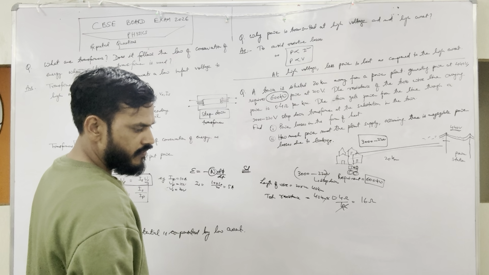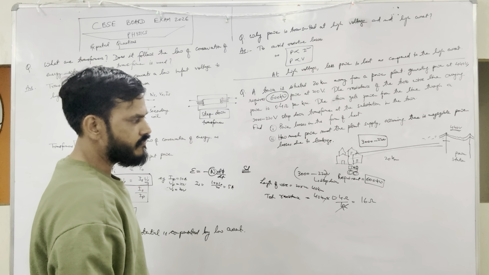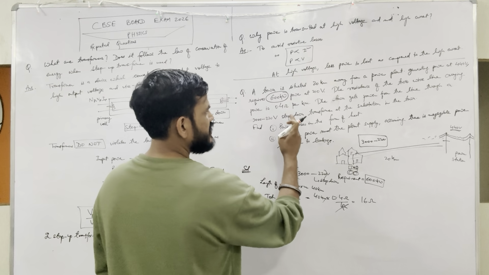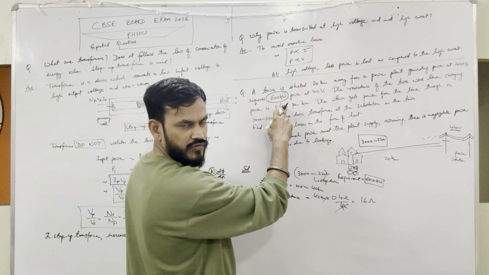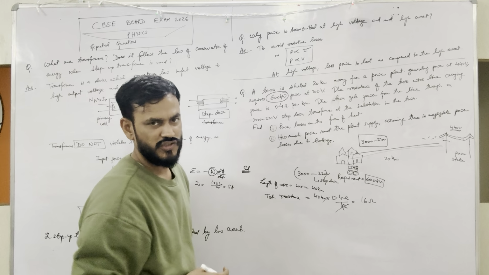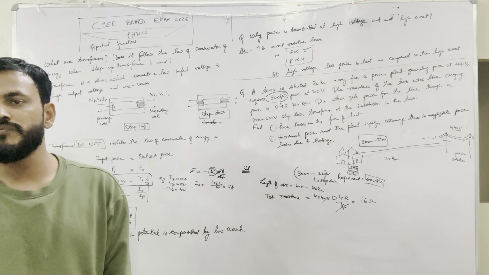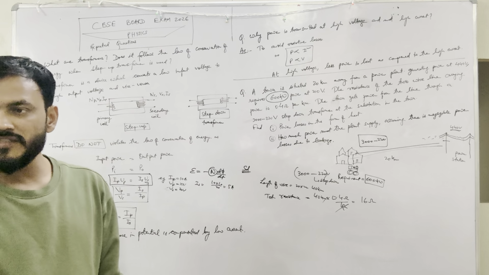The resistance of the wire is 0.4 ohm per kilometer, so for 40 kilometer you multiply by 40 and get 16 ohm. So the total resistance of the wire is 16 ohm. Now we'll find out how much current is flowing in the circuit.